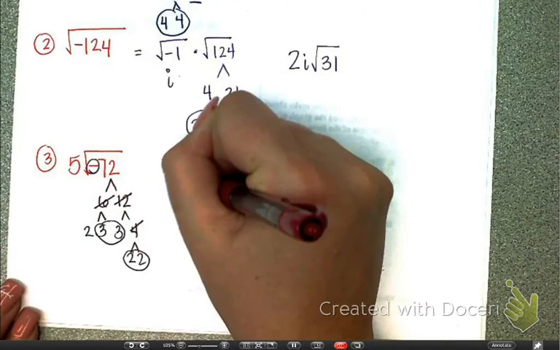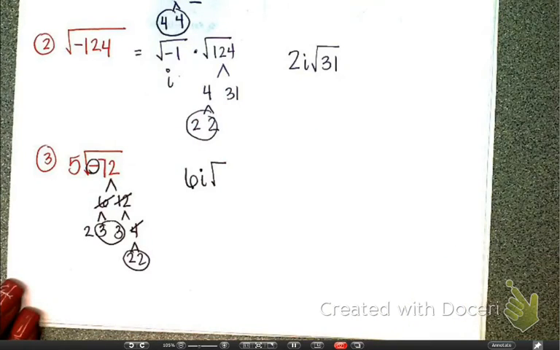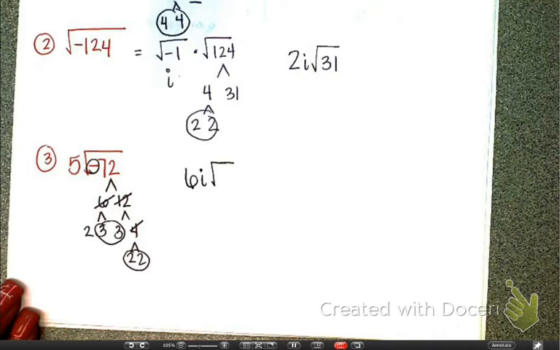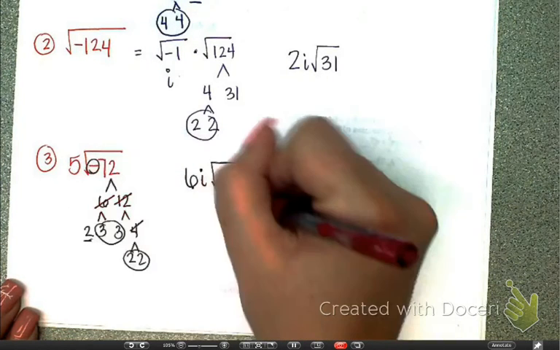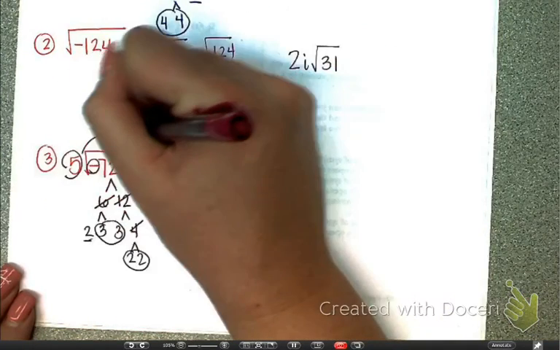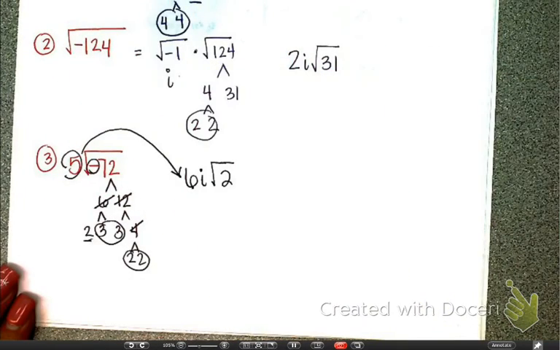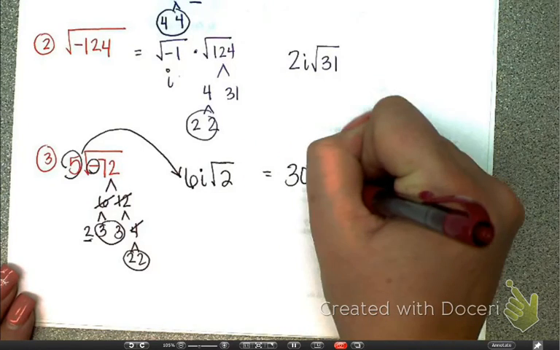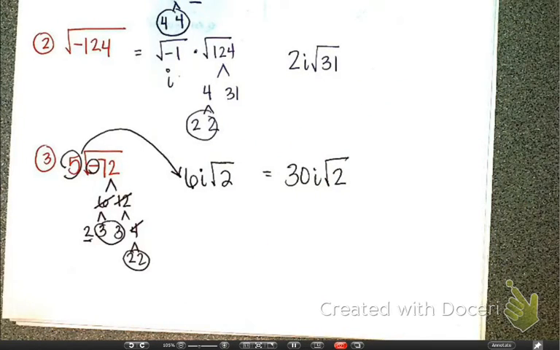I have the I. And what's my leftovers? What do I have left over? 2. Someone said what happened to the 5. I haven't gotten there yet. This 5 now multiplies out front. So 30I square root of 2 should have been your final answer.